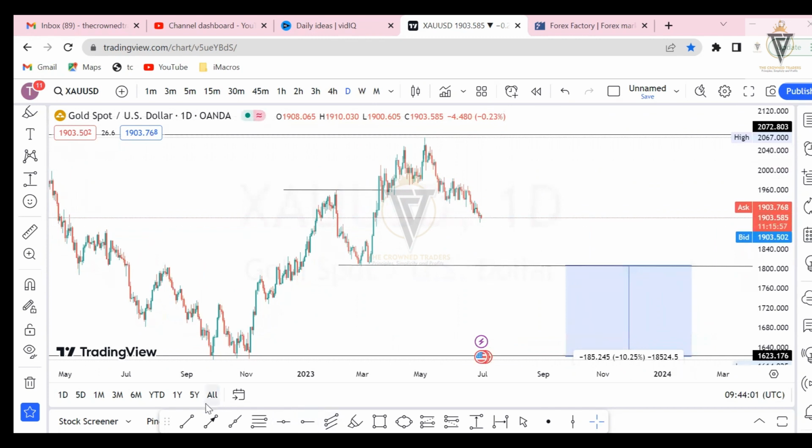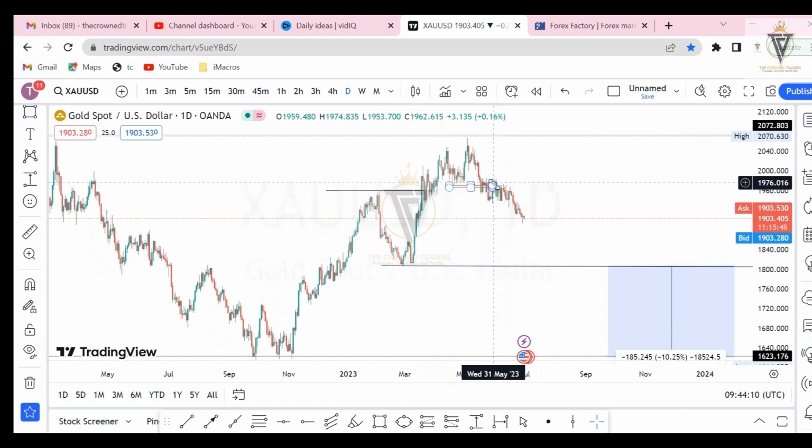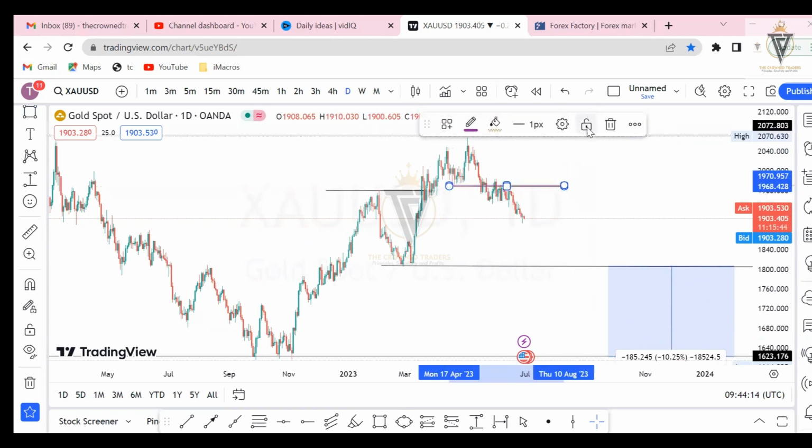We have to come here, still pick our levels. So there's an internal liquidity here, or there's an internal structure or low there, on gold on a daily time frame.